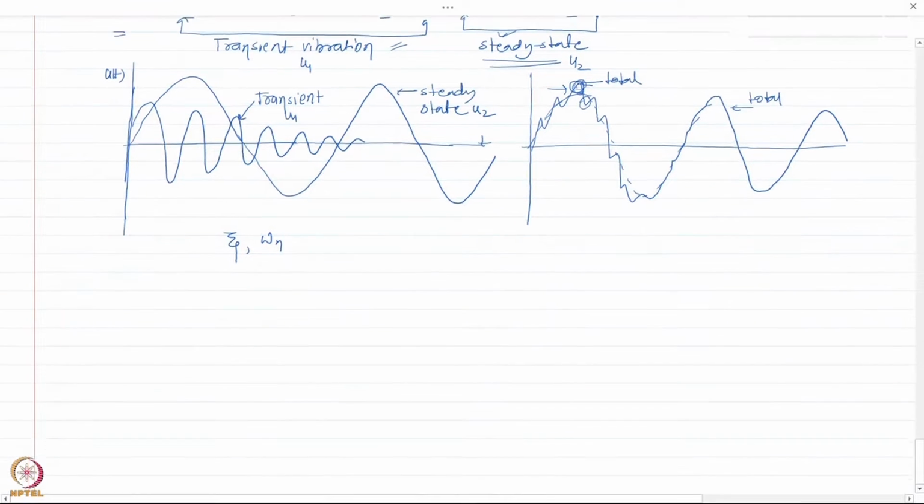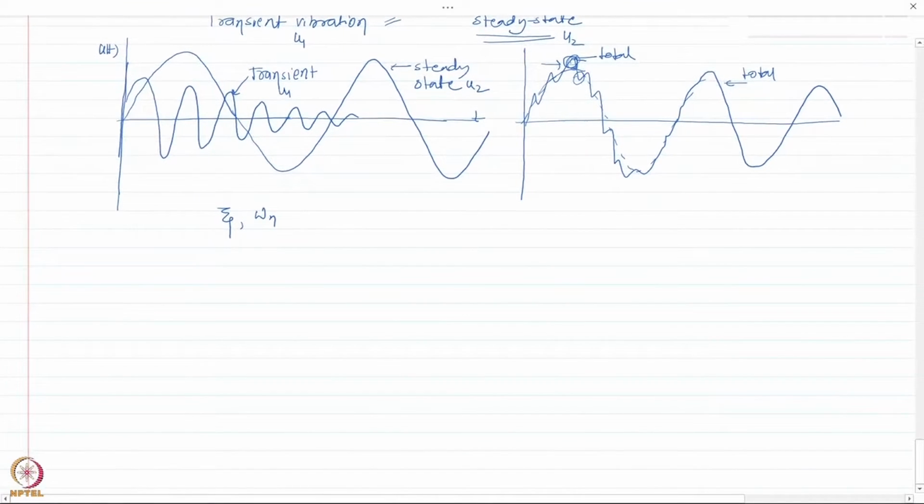All right, so let us go ahead with our steady state response. Now we would be focusing on this term here, which is nothing but C sine omega t plus D cos omega t.